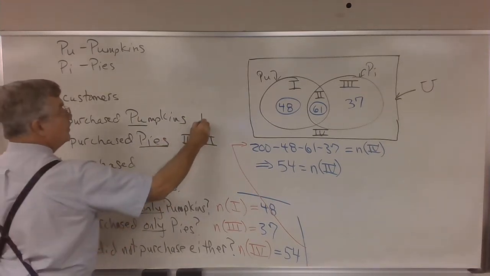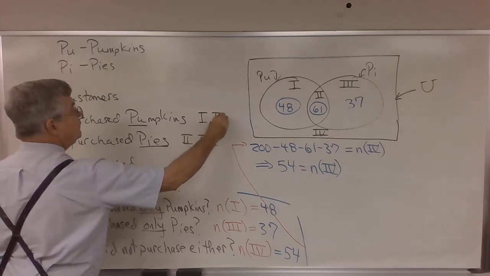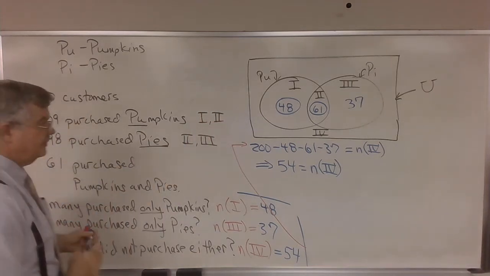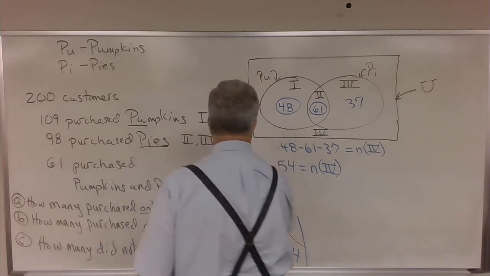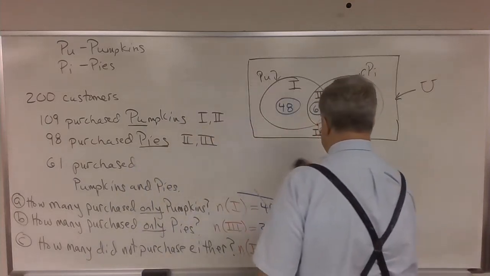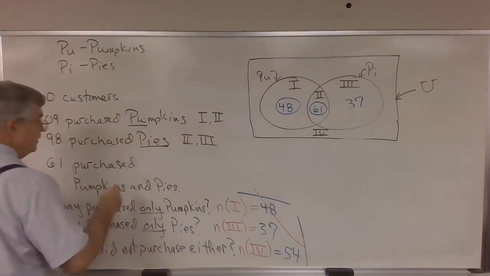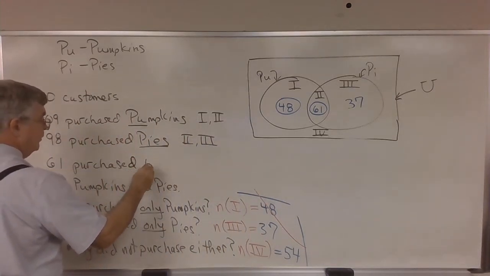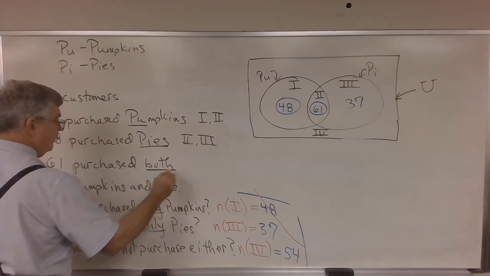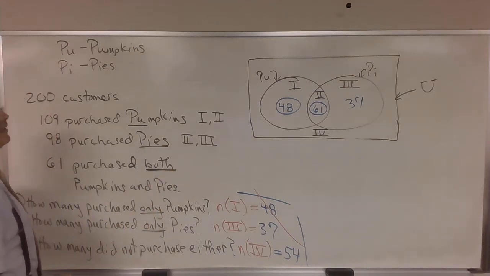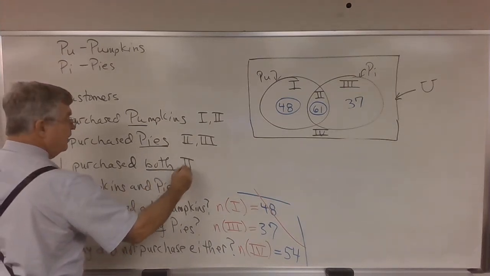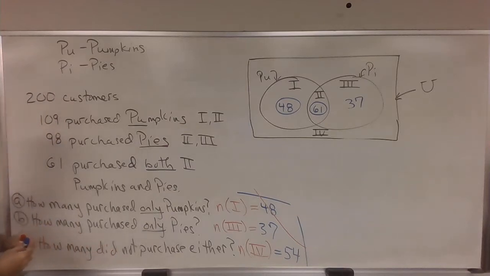Pumpkins was region 1 and region 2. And 61 purchased both. And that was region 2, the number in region 2.